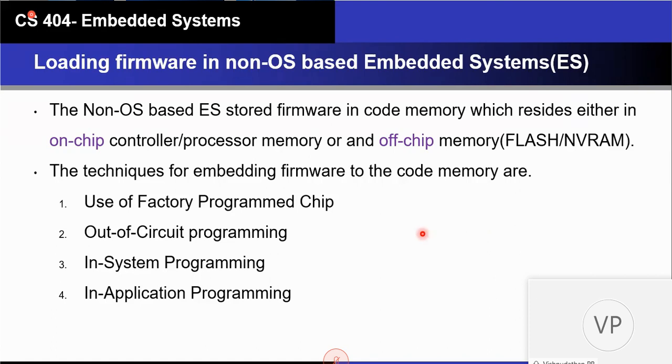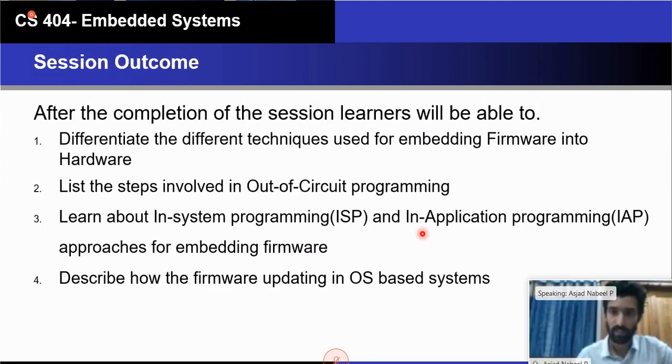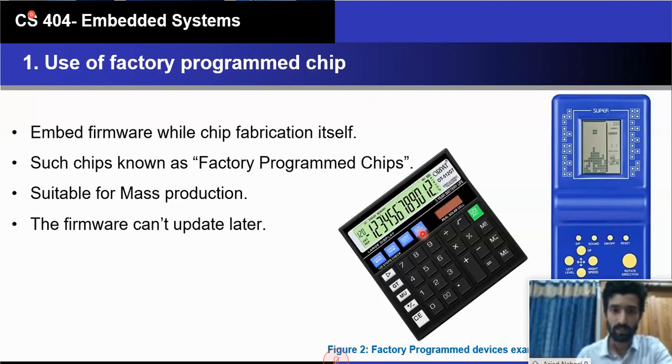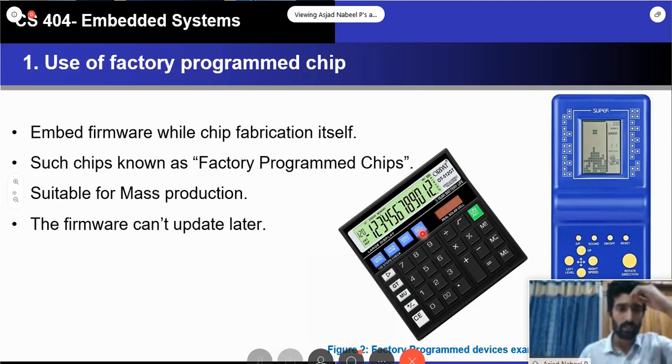Why is it not recommended to use a factory programmed chip for development purposes? The factory programmed chip is a method only used by large scale manufacturers. If you want to develop a product in a quantity of like 10 to hundreds, going for a factory programmed chip will be very expensive because it needs a proper design of embedded hardware.